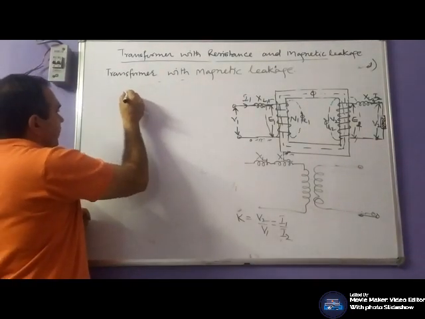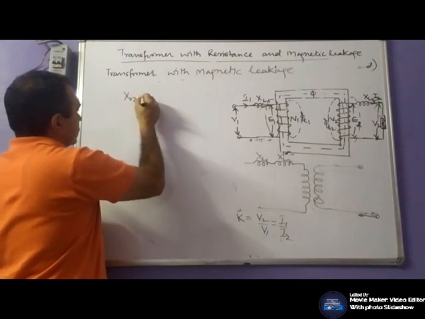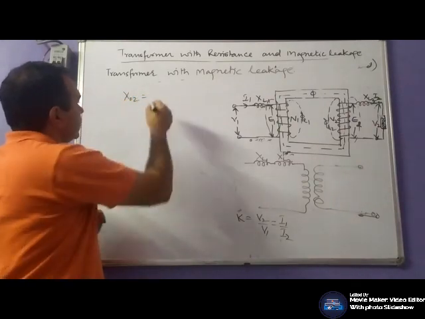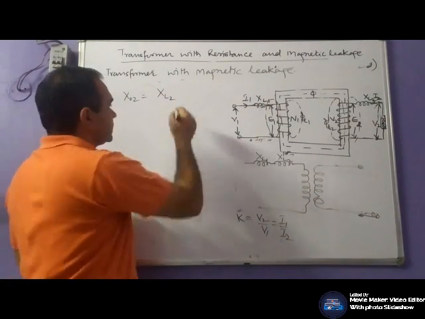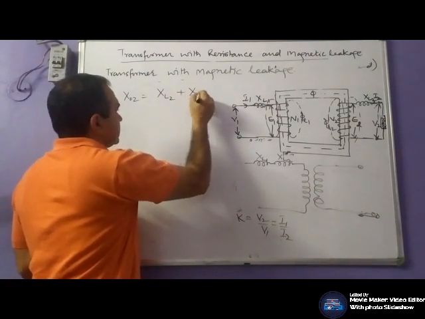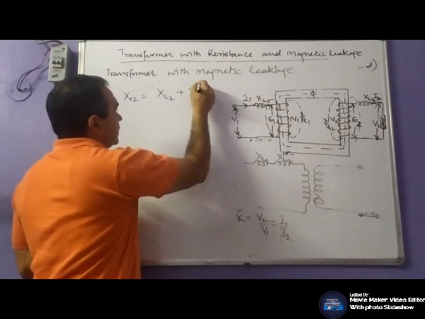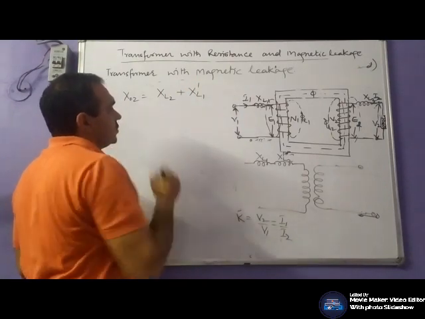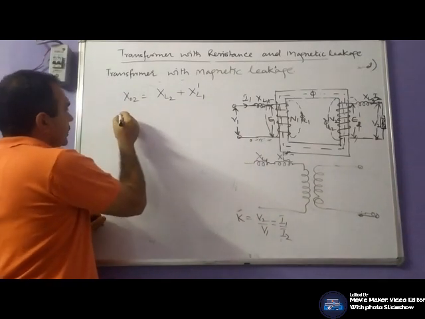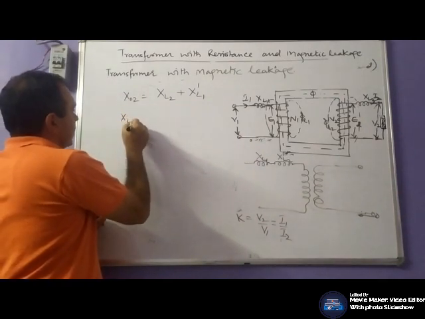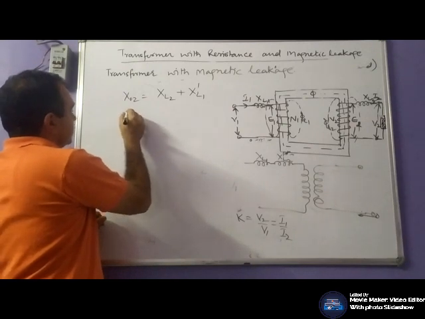On the secondary side, the total reactance will be represented by XL2, the secondary side reactance, and the primary side reactance referred to the secondary side. What is its value on the secondary side?